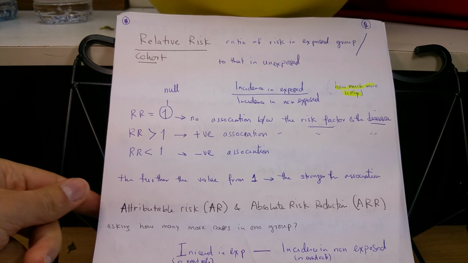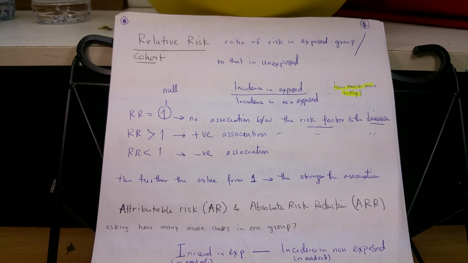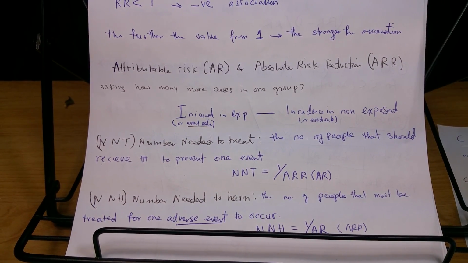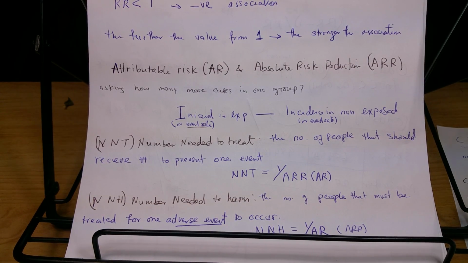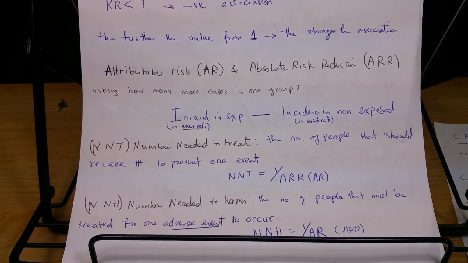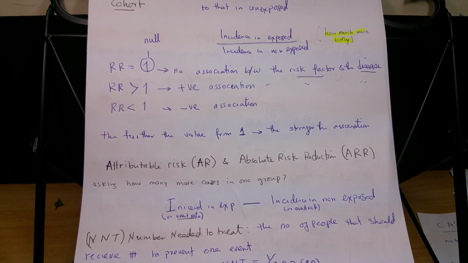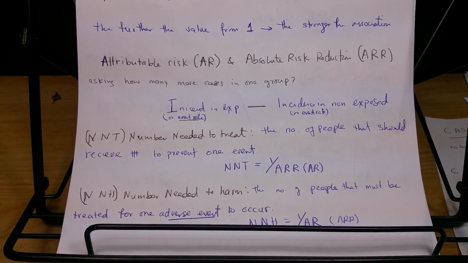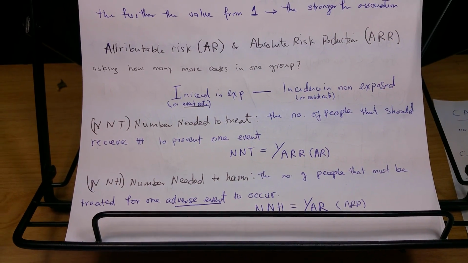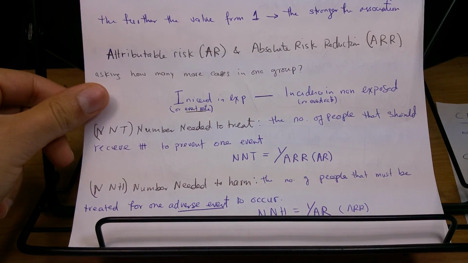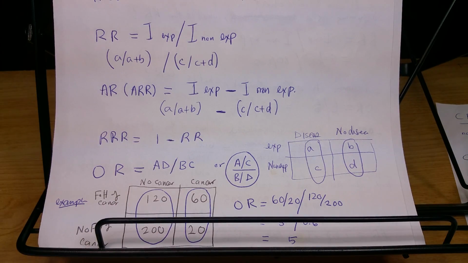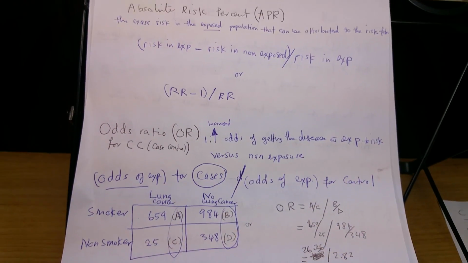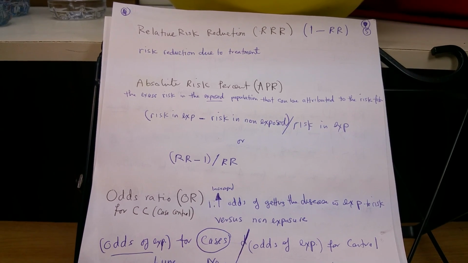We said there is attributable risk and absolute risk reduction. In attributable risk and absolute risk reduction, we subtract, while in relative risk we divide. It's the same thing, the incidence in exposed and incidence in non-exposed, and we subtract them here. And then the reverse gives us the number needed to treat or the number needed to harm. There's something else called relative risk reduction and absolute risk percent.